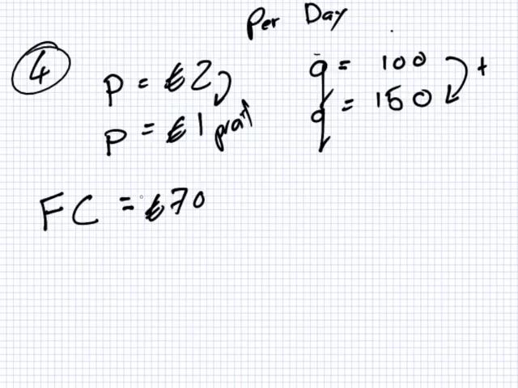Like electricity, rent, employees, insurance. So even if they sell no coffee and do no business, they still must pay €70. Now, when they make the coffee, they have something called a variable cost. So this is the actual cost to make one cup of coffee, and we'll say that is 33 cents.